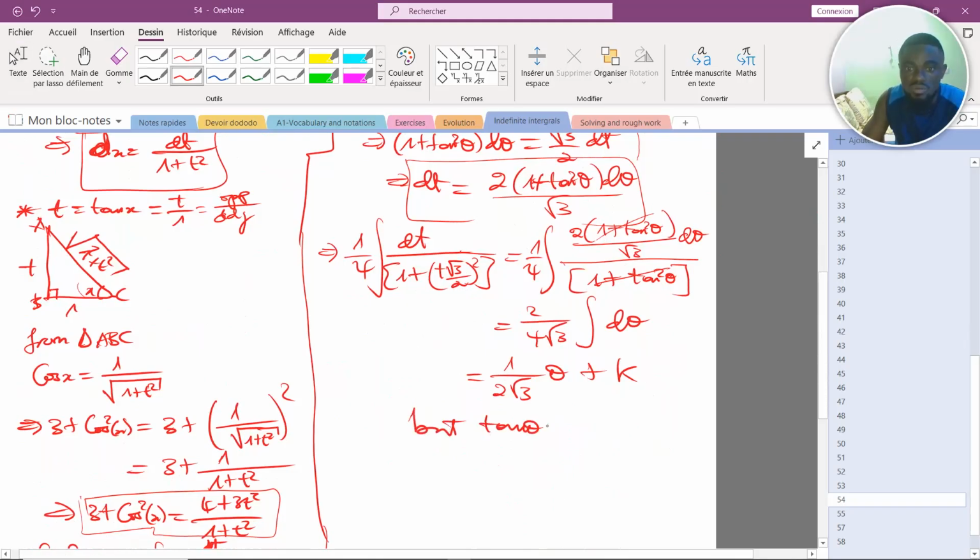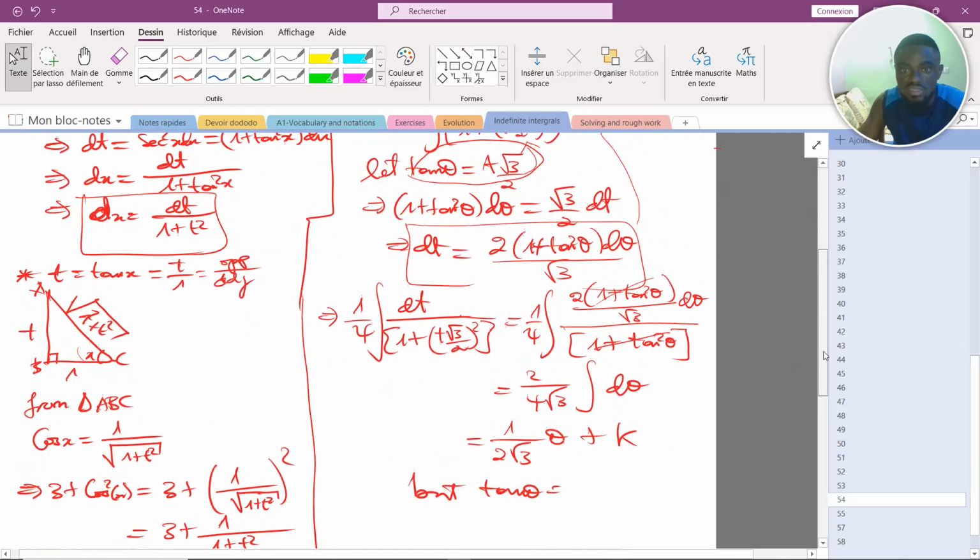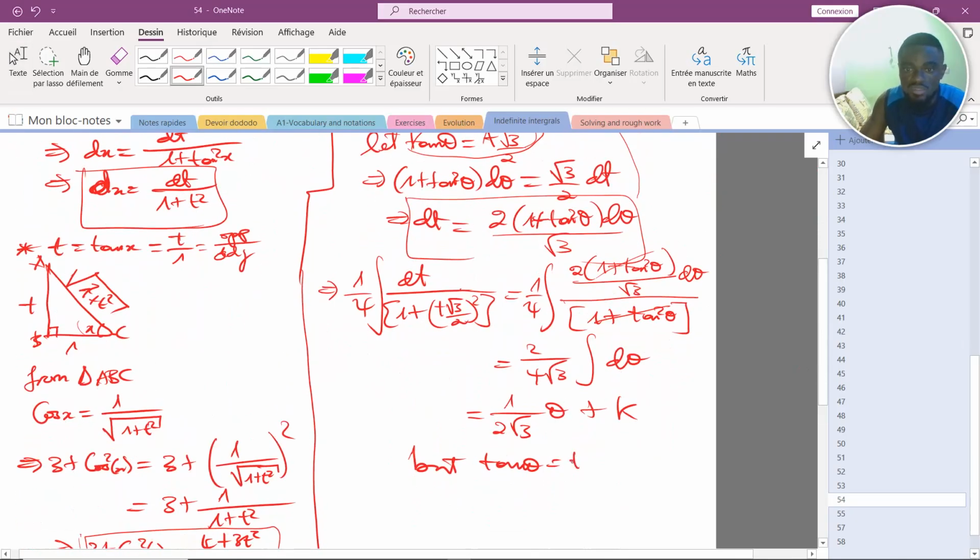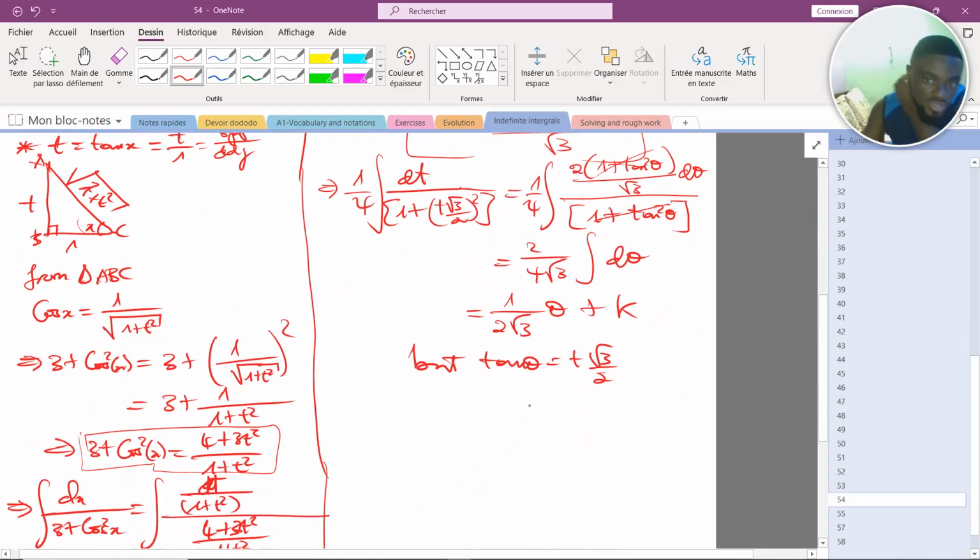But tan theta was equal to what? Tan theta was equal to t root 3 on 2. So this implies theta will be equal to what? The arctan of t root 3 on 2. So I'll first come and substitute it here.